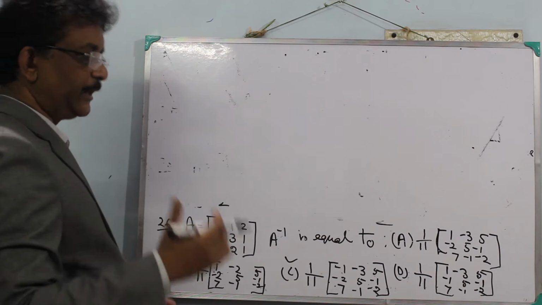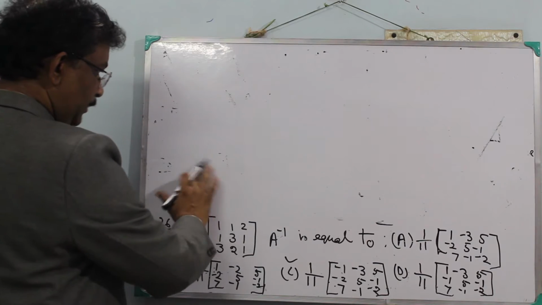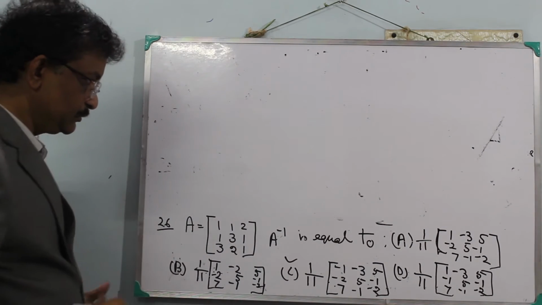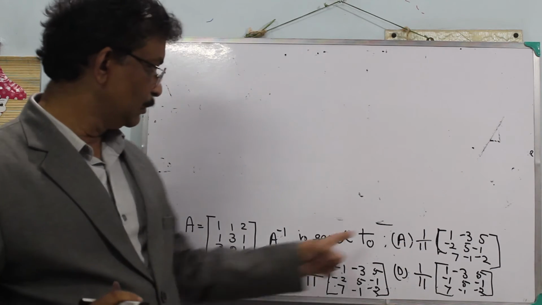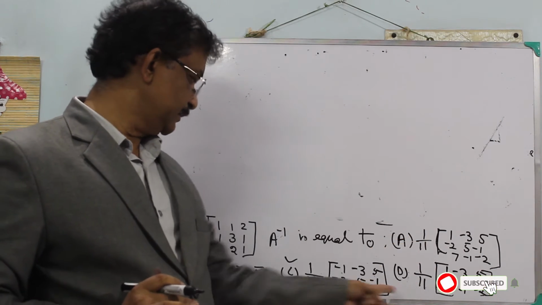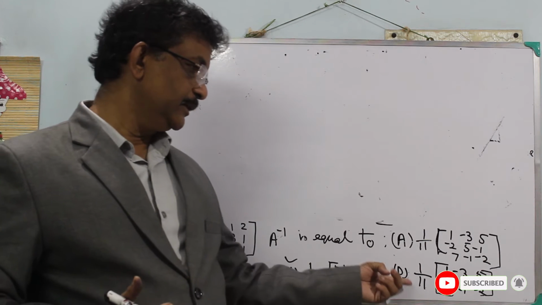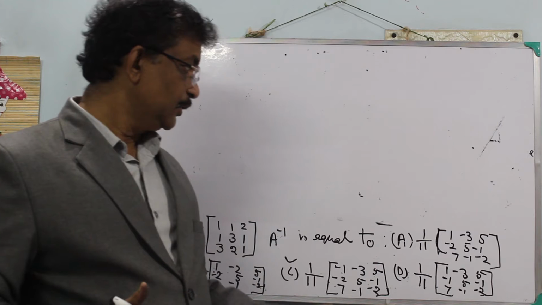It will take some time, so I will apply a shortcut method to calculate A inverse. You see, in all options 1 by 11 is there. So 1 by 11 may be 1 by determinant A. So determinant A may be 11 or may not.